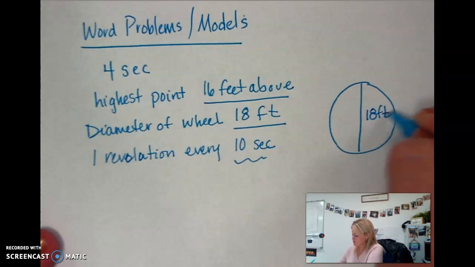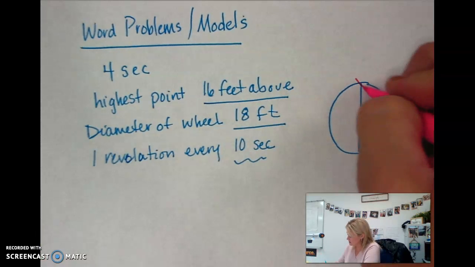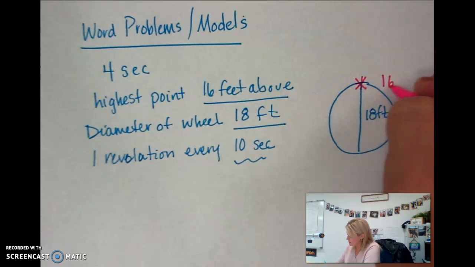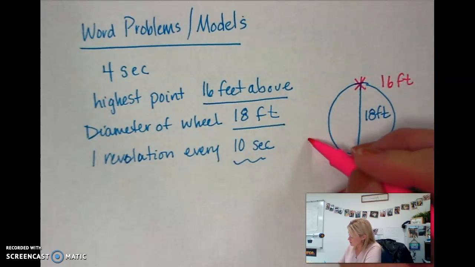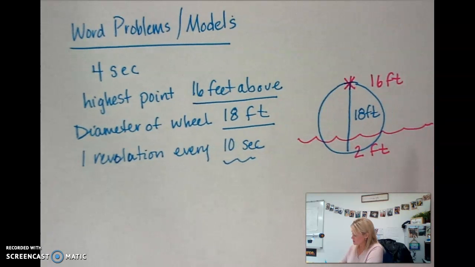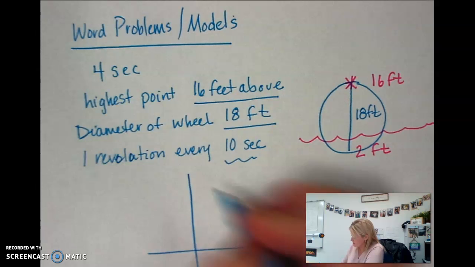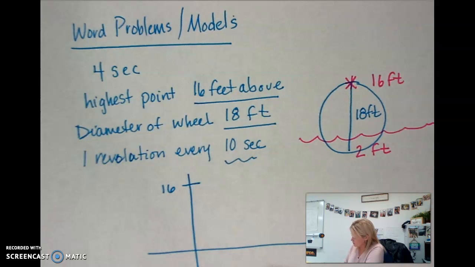The highest point of the wheel is 16 feet above water. So how much is underwater then? Well, that would mean 2 feet underwater. So if we start at the highest point of 16 feet, the lowest point will be 2 below.